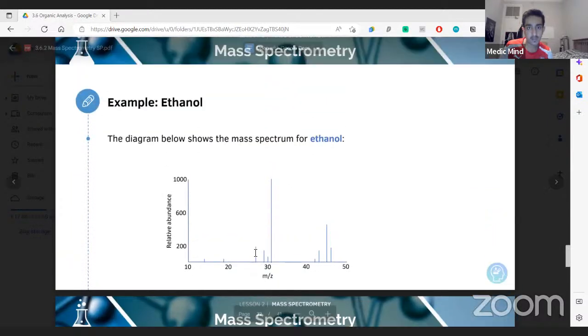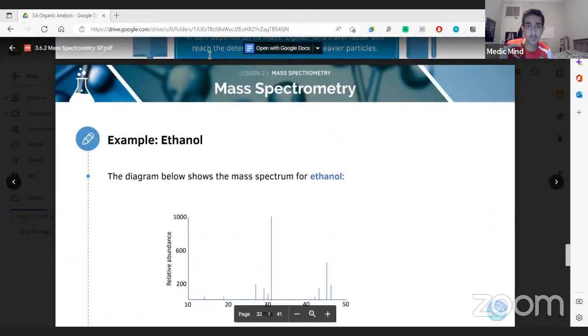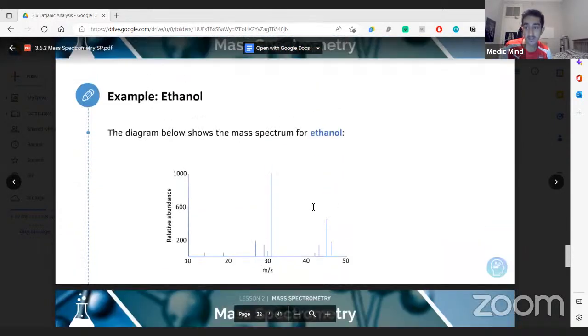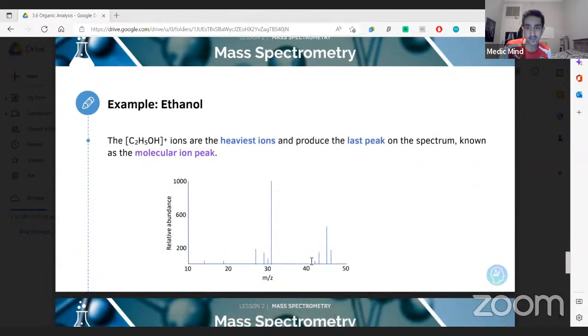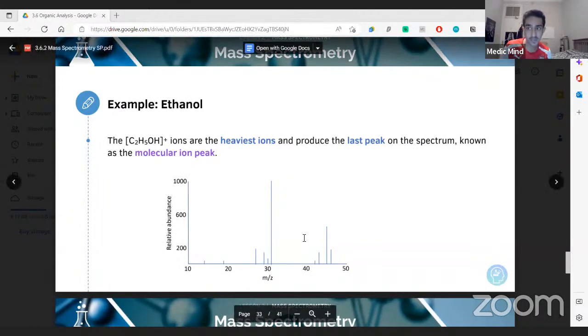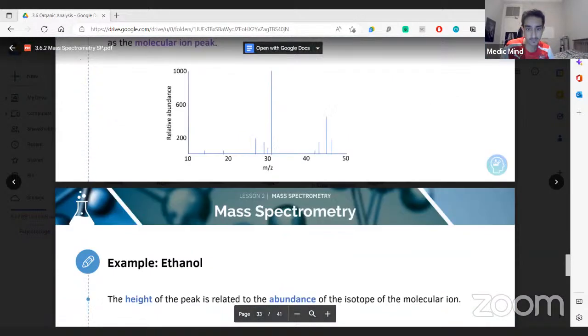Again, the mass spec for ethanol. Remember, whenever you're looking at spectroscopy questions, the only peak you're really focusing on is the molecular ion peak. And so that's the last peak. The value that the molecular ion peak is at tells you your Mr. So that's what you need to know: M plus peak equals Mr. If you understand that, that's how you approach any question you're given related to spectroscopy.